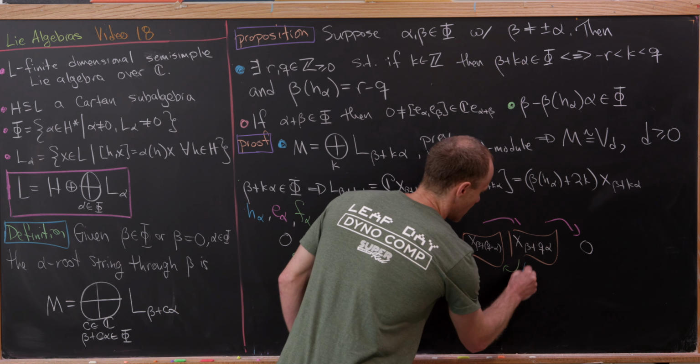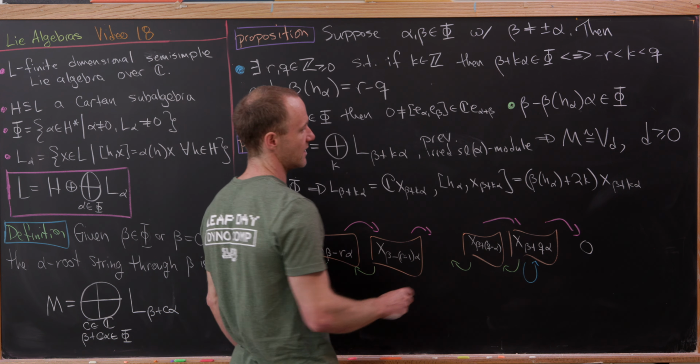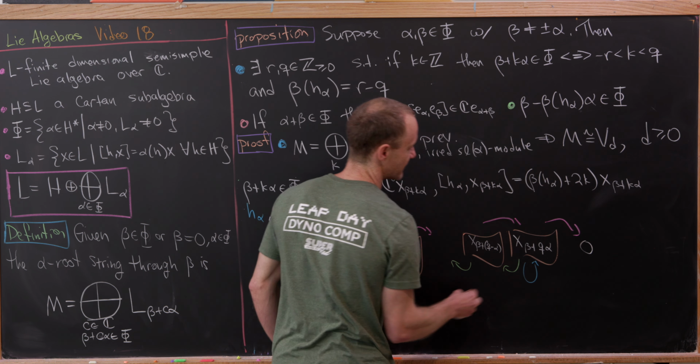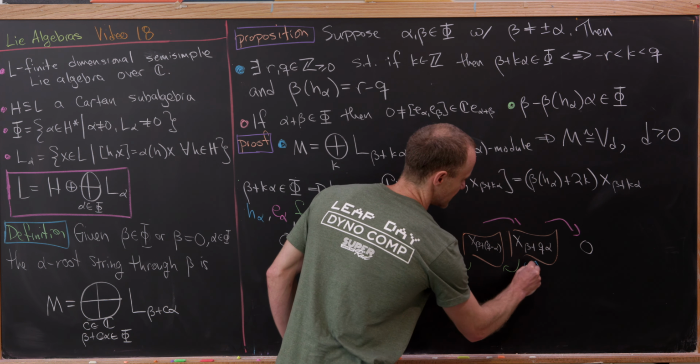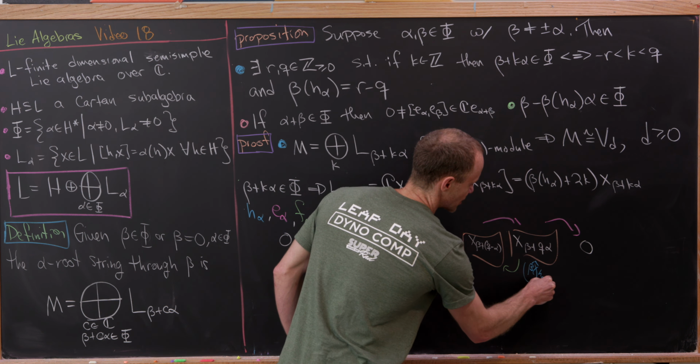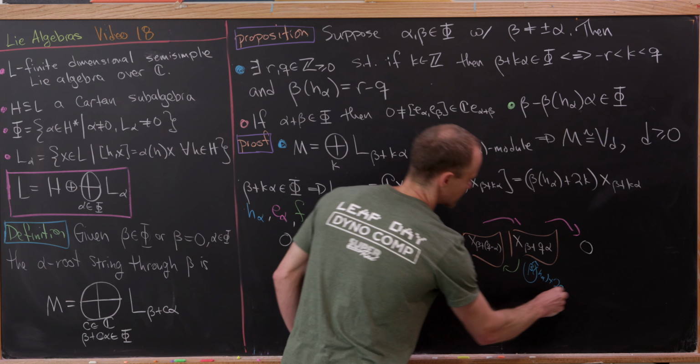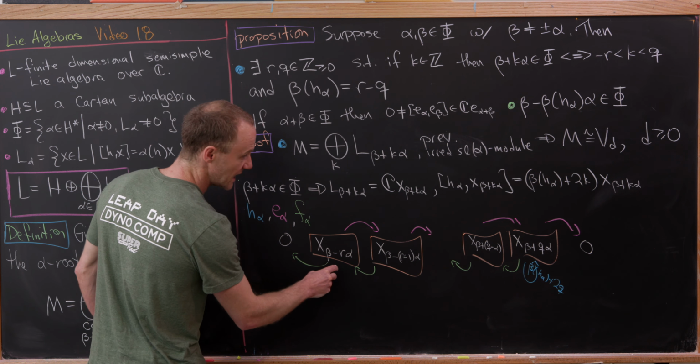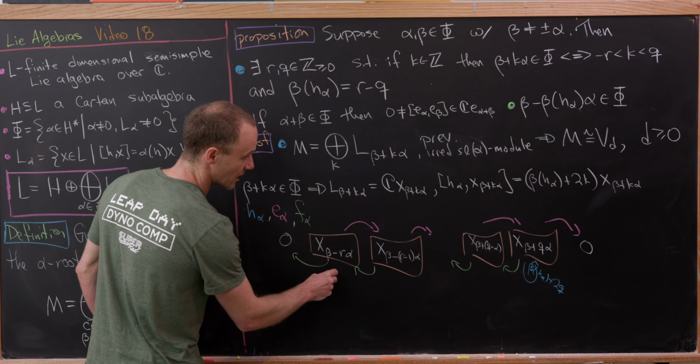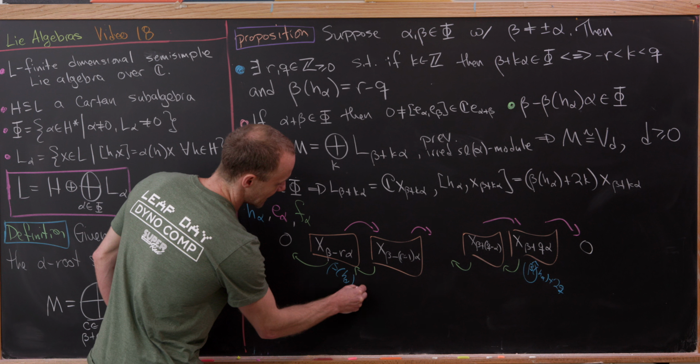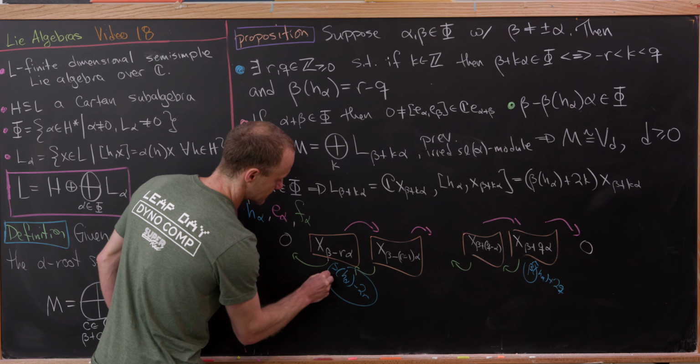So they're going to act on this with this sort of eigenvalue right here. So this will be beta of h alpha plus 2 times q. But then over here, this is going to act as beta acting on h alpha minus 2 times r.